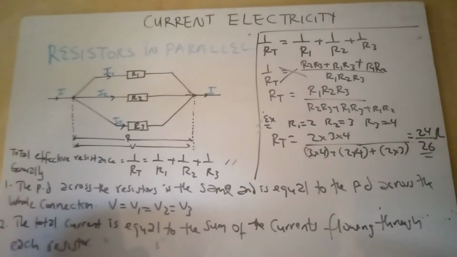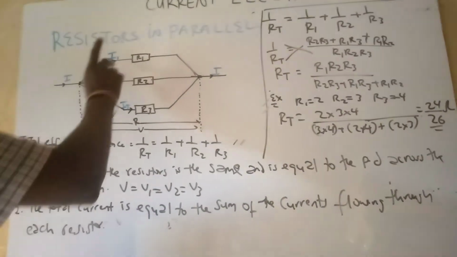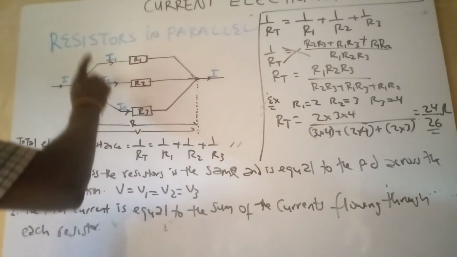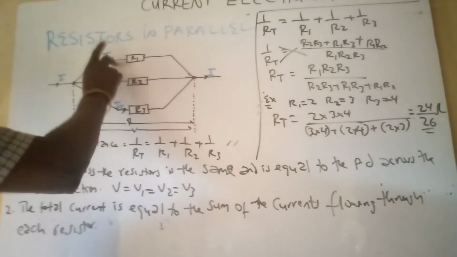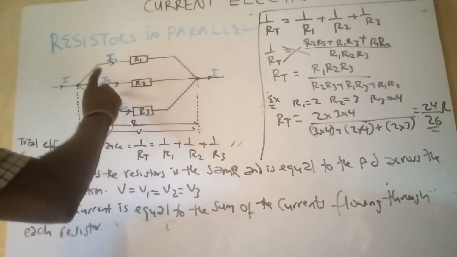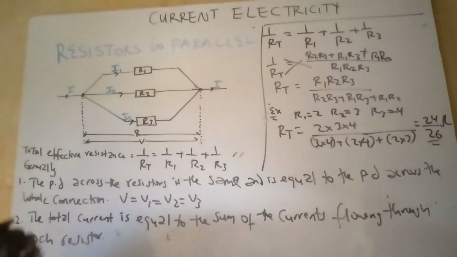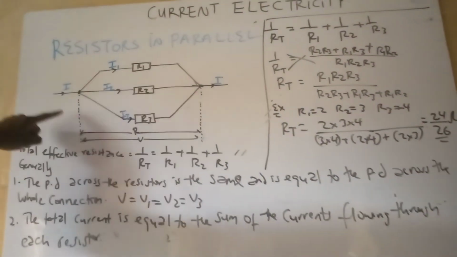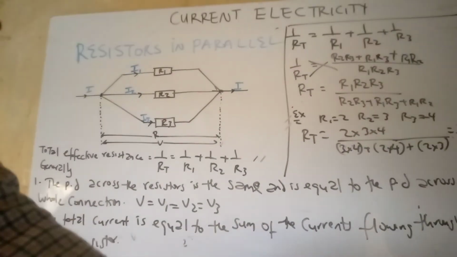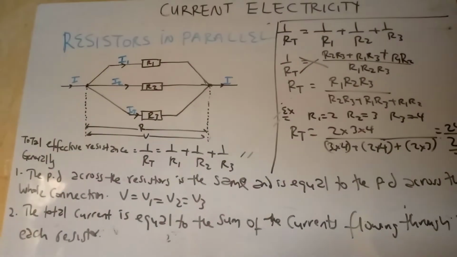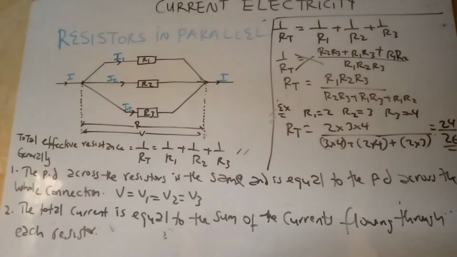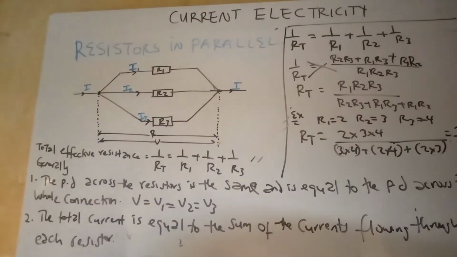They are not equal. Get the value of each current, add them together, and it will give you the total current. But for the voltage, they are the same. That explains resistors in parallel.